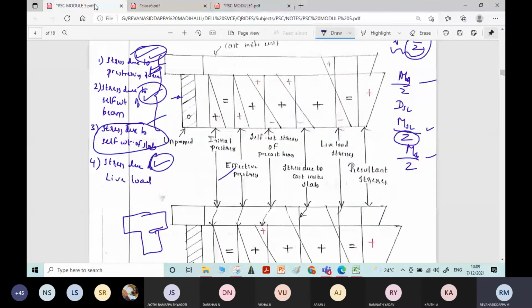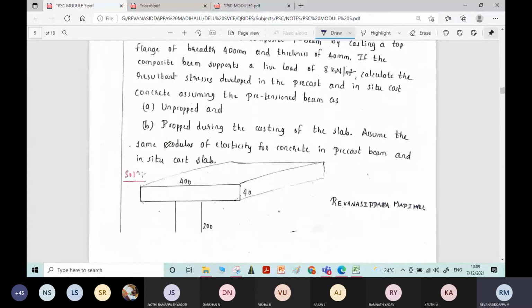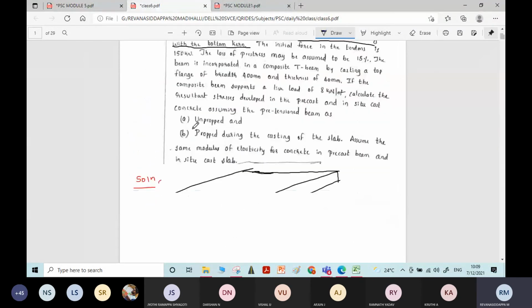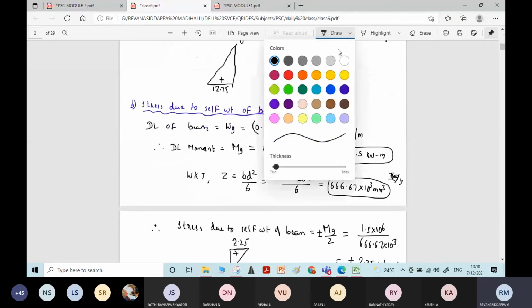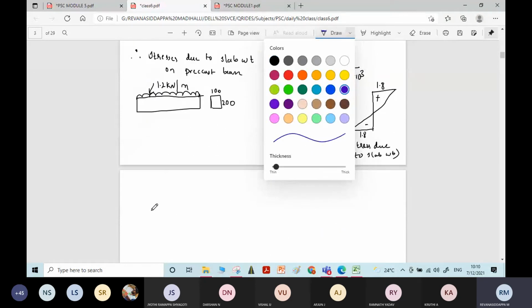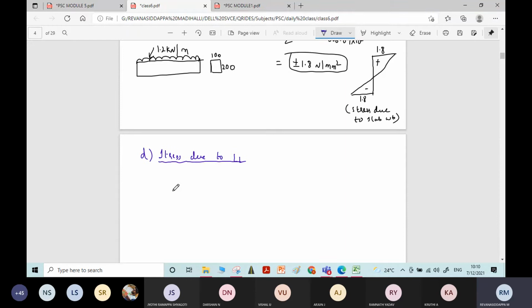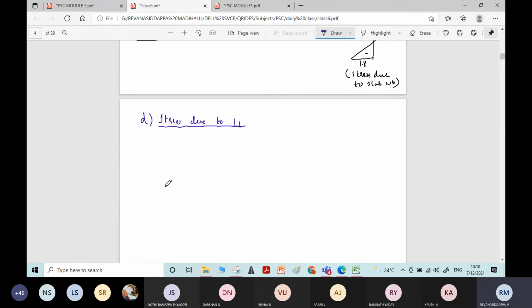Last, D. Stress due to live load. Okay. And to find stress due to live load, see, this live load is acting on the T section, correct?